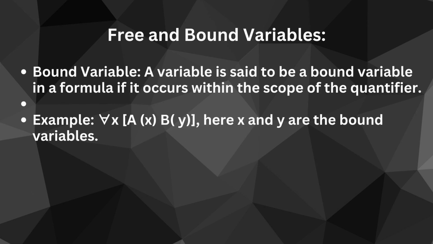A variable is considered a bound variable if it appears within the scope of a quantifier. It is confined to the specific range determined by the quantifier. For example, in the formula for all x, A(x), B(y), both x and y are bound variables since they are within the scope of the quantifiers and represent specific instances within that scope.